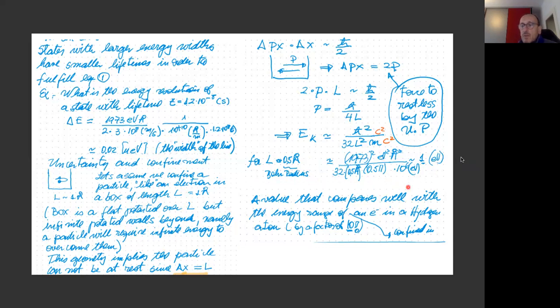This value compares very well with the energy of an electron in a hydrogen atom, which is of the order of 13.6 electron volts. So it's a factor of 10. Well, it's a factor of 10 because this is a very rough calculation.